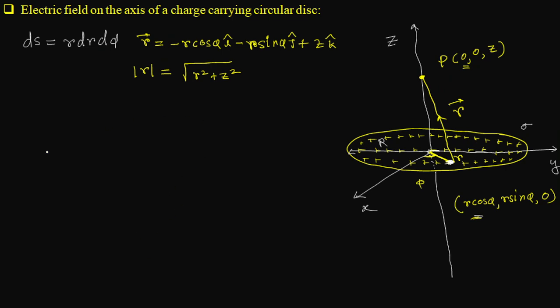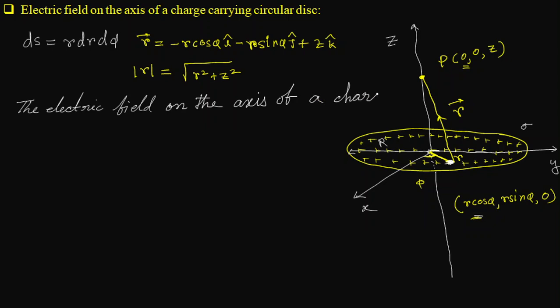Okay. So if we use this definition here, then we can write the electric field on the axis of a charge carrying circular disk.